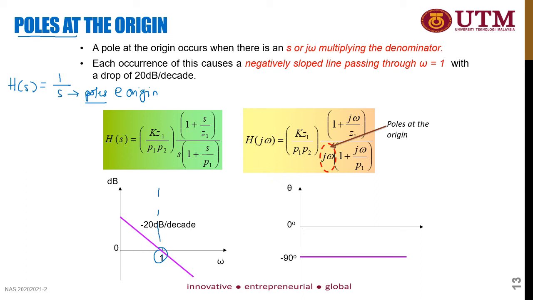So for each decade the line decreases by 20 dB, negative 20. This is the poles at origin frequency response. The phase for poles at origin is always constant negative 90 degrees, while for zeros at origin it is constant positive 90 degrees.